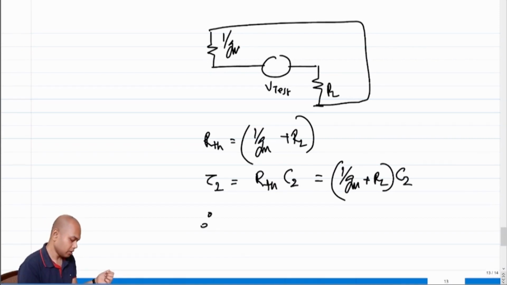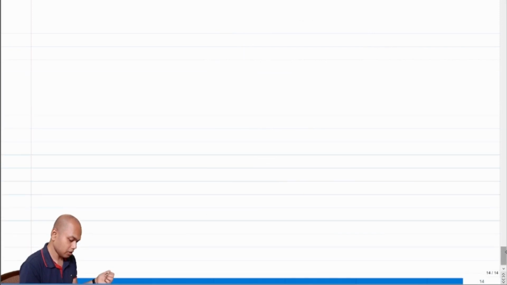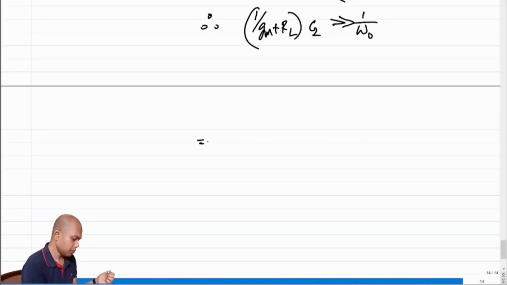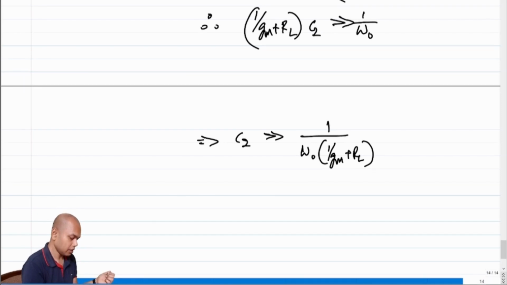Therefore (1 over Gm plus RL) times C2 has to be much greater than 1 over omega naught, which means C2 has to be much greater than 1 over omega naught times 1 over (1 over Gm plus RL), right?